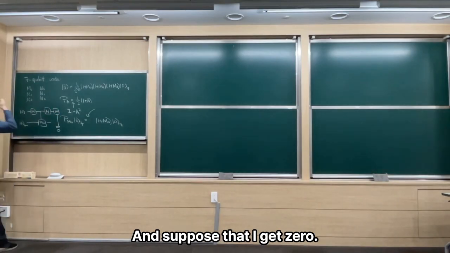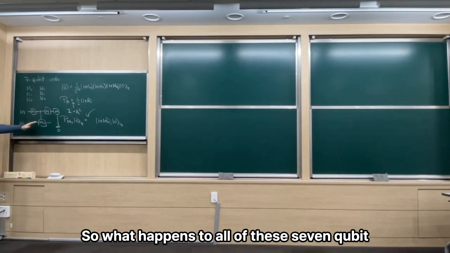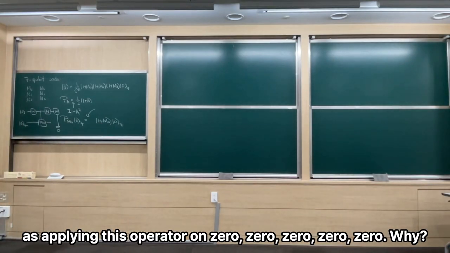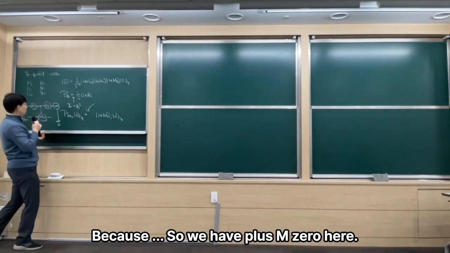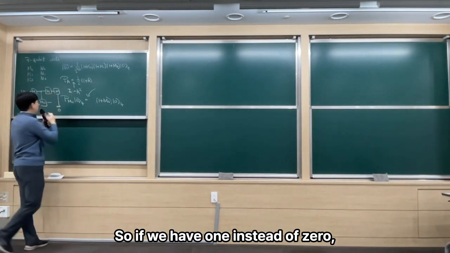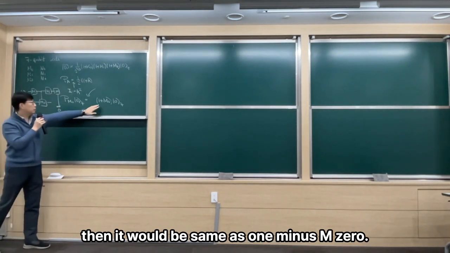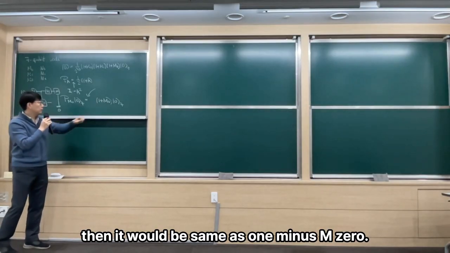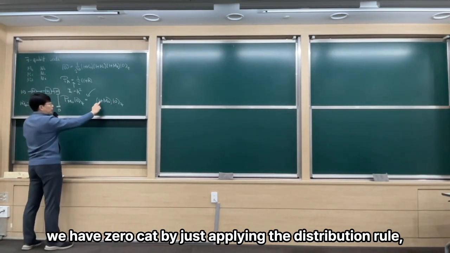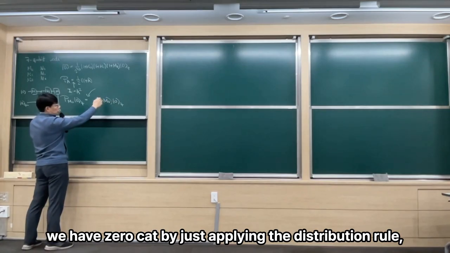Suppose that I get 0. Then what happens on the 7 qubits is the same as applying this operator on 0, 0, 0, 0, because we have plus M0 here. If we have 1 instead of 0, it would be the same as 1 minus M0. Once we have this, we have 0 ket by applying the distribution rule.